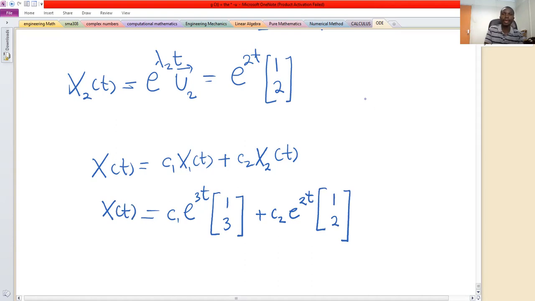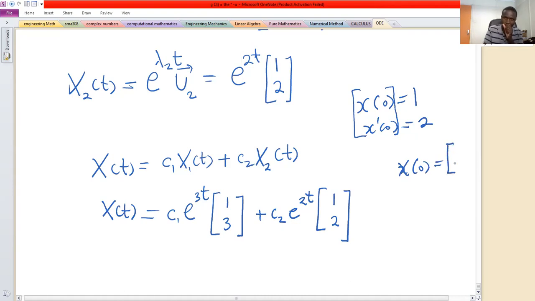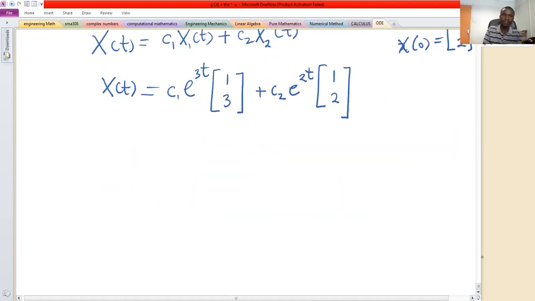Remember, we were given the initial condition that x at 0 is 1 and x prime at 0 is 2. So we write it as a vector, capital X of 0 equals 1, 2. And remember that the first row shows the value of the function, the second row shows the derivative of that function.